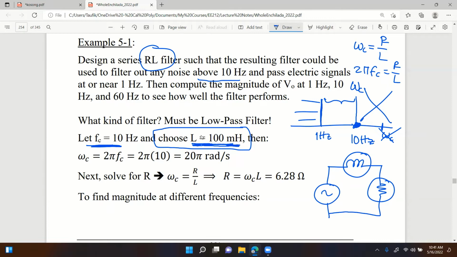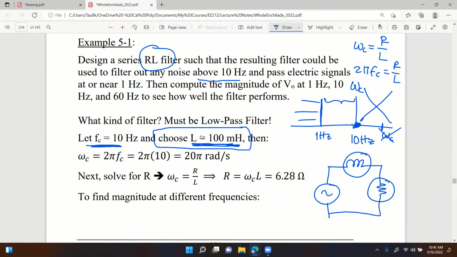So you just picked that value out of thin air, like there's no actual reason? You could have picked 200 and still used that. If we're doing this problem, we don't have to pick within some magic range. Yeah, for this problem, I pick 100 millihenries.